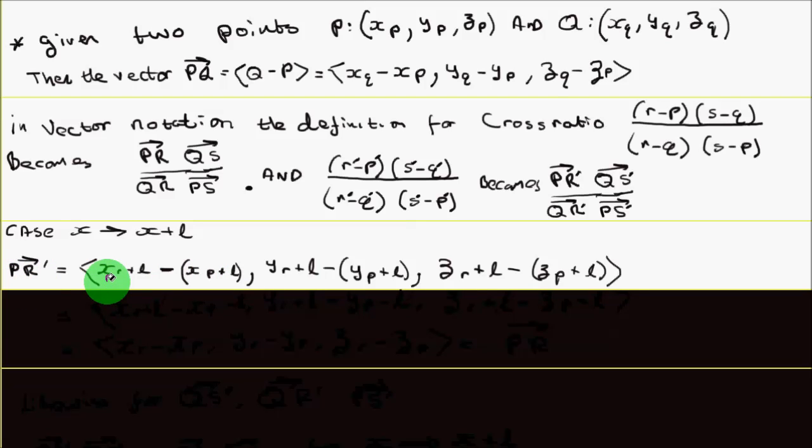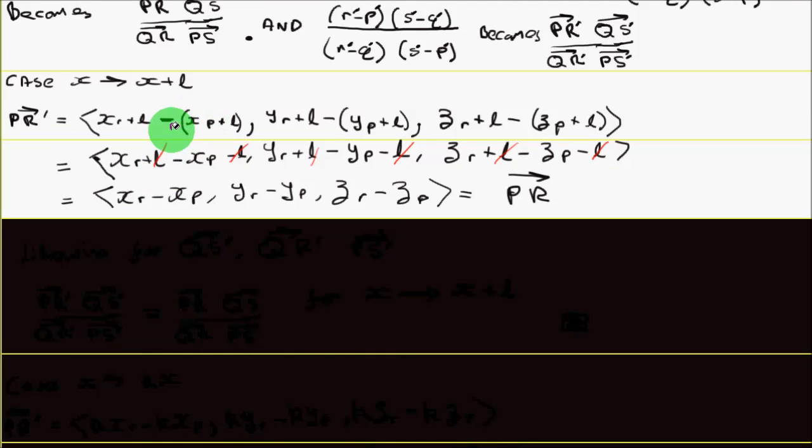For instance, the x component is equal to x sub r plus L minus the x sub p component plus L, and similarly for the y and z components.